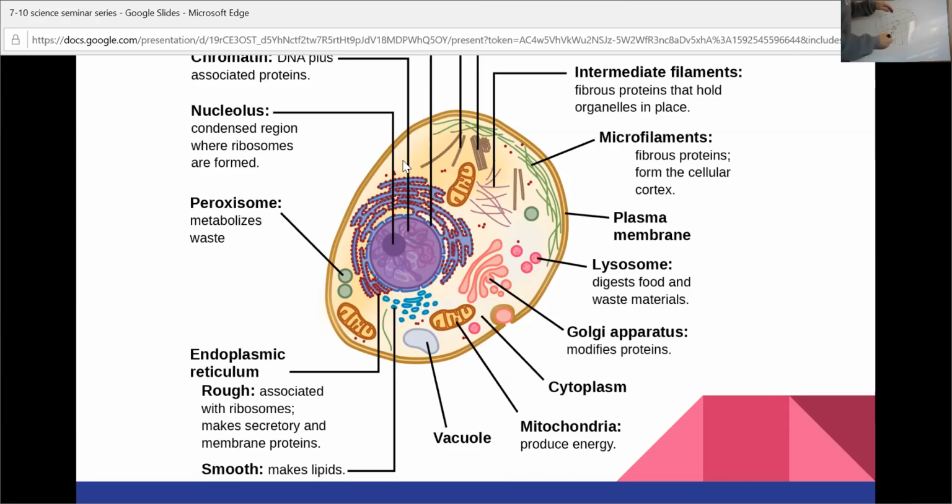And this crisscrossing, it keeps the cell in a shape.